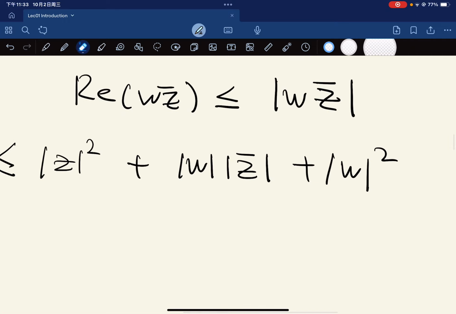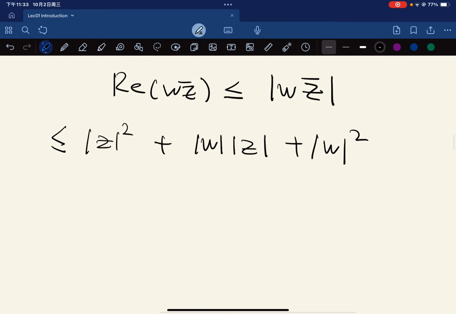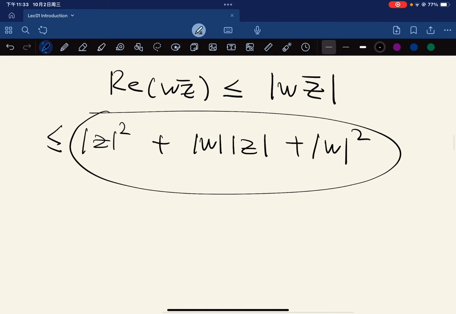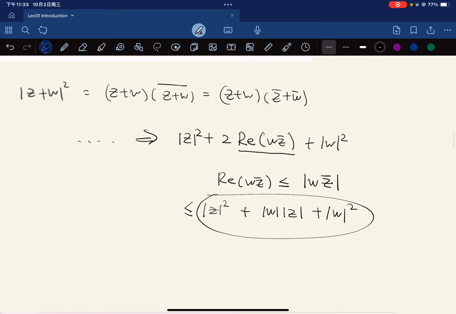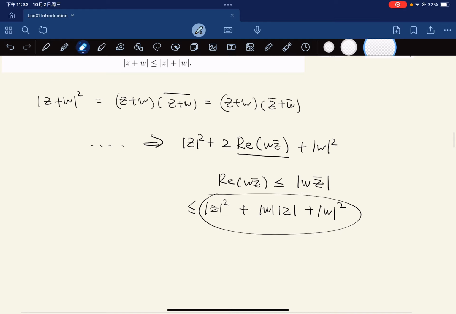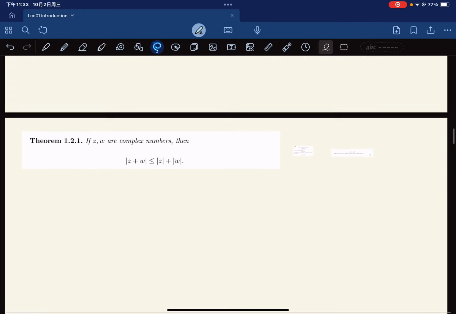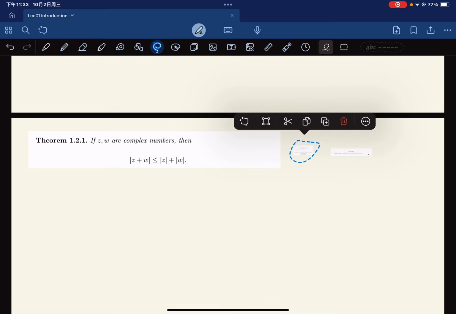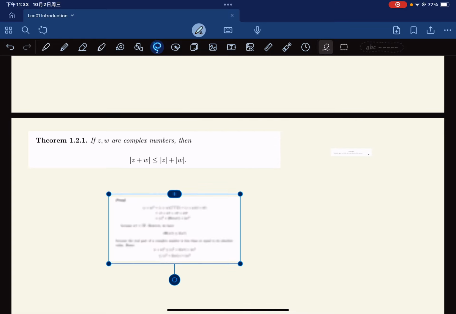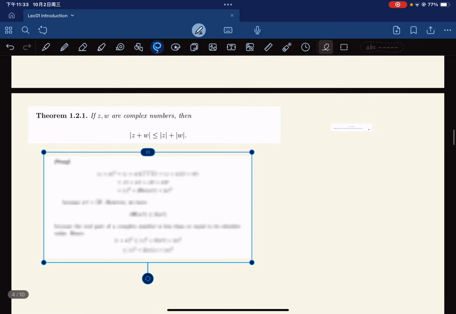But notice that z bar and z have the same absolute value, so we're safe. And from here, it's just the formula for a perfect square. Okay, so this is the basic algebra of this proof. And the actual proof is here.